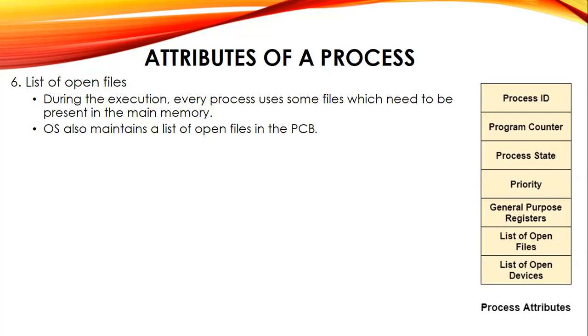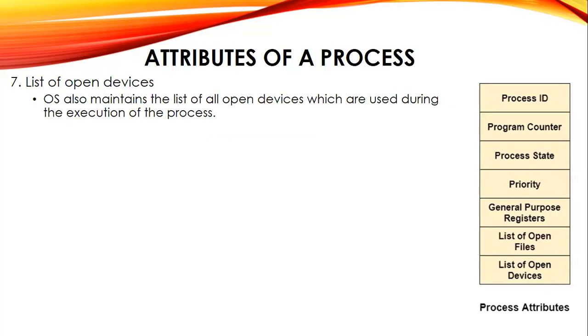We are holding that as well. And the list of open devices, so which devices are being used during the execution of that process. The process control block is also holding that information.